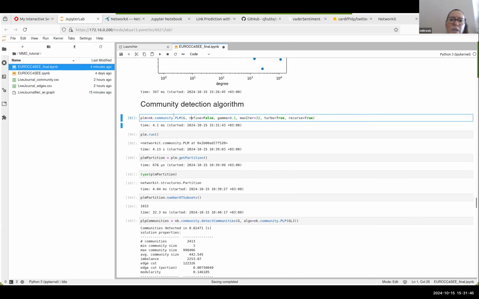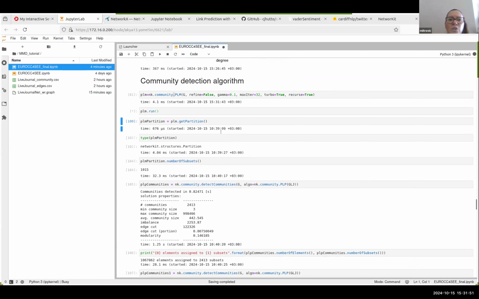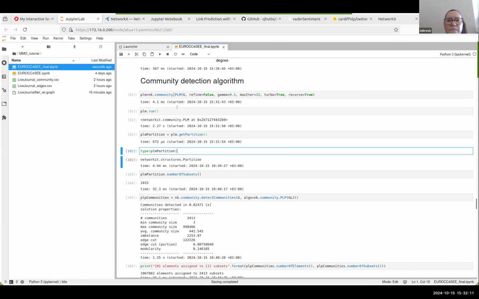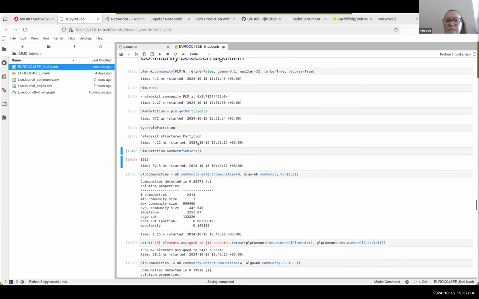So one way is to call the function or define it, then run it, and then you will get the partition. So what does this partition mean? This is actually the information to which community each of your nodes belongs. NetworKit has its own structure written for this, a type of structure called Partition.